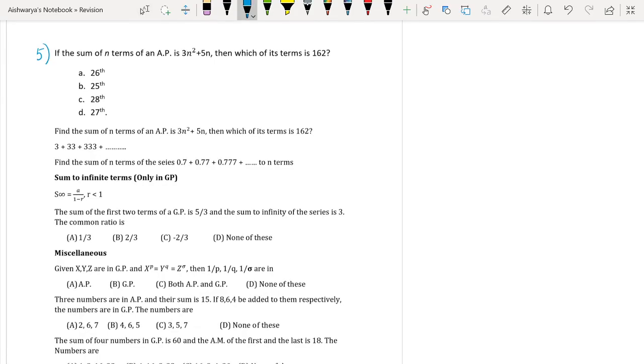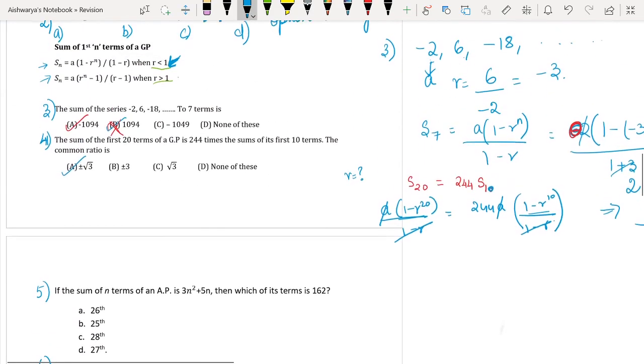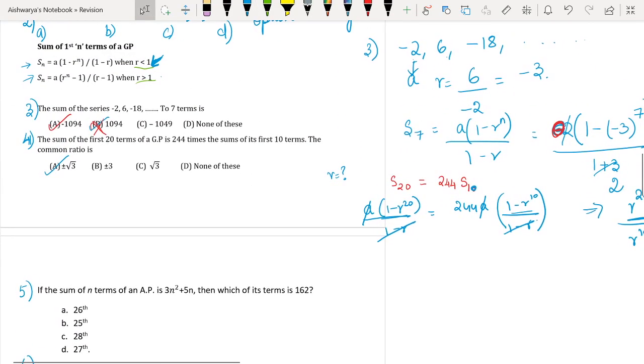Ma'am, we use the formula A into 1 minus R power n divided by 1 minus R. But I told you it doesn't matter. Okay, ma'am, that's what I have also done here, no?